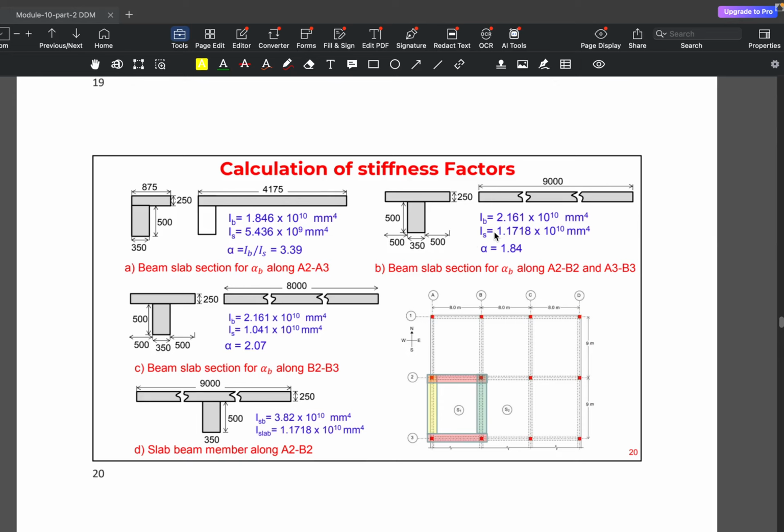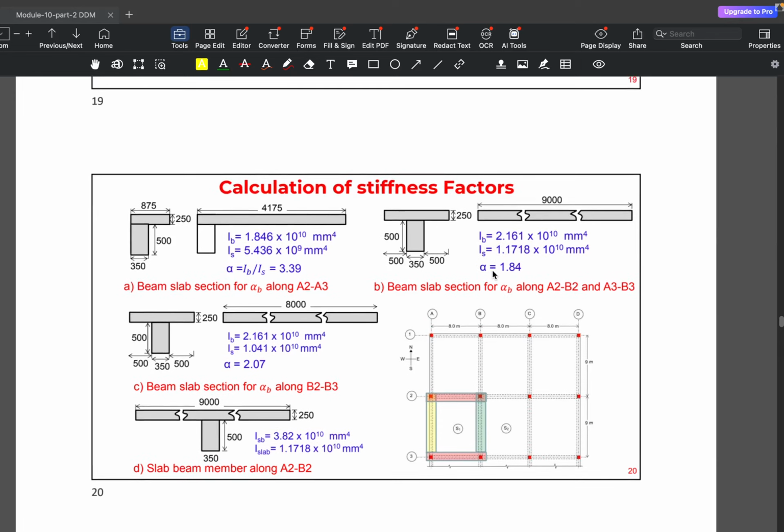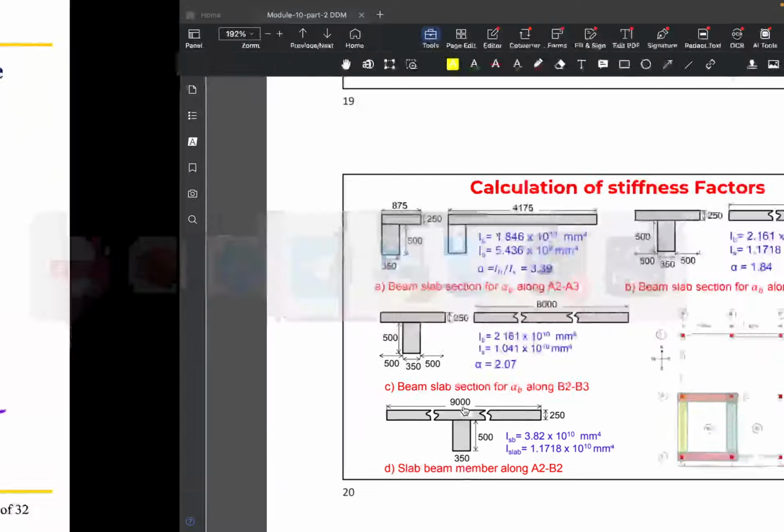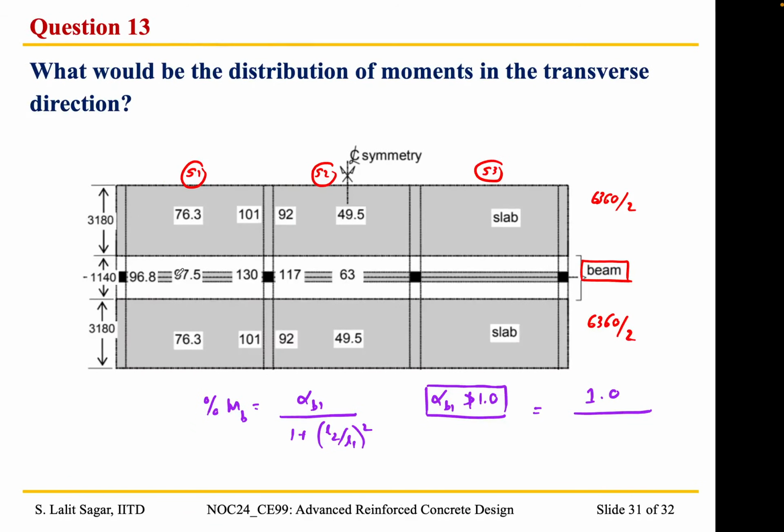So actually, how do we have to fix it? As far as my understanding goes, we have to consider that beam where we are doing the moment distribution. Two beams are there, no, sir? Only one, the middle one, not the exterior one.